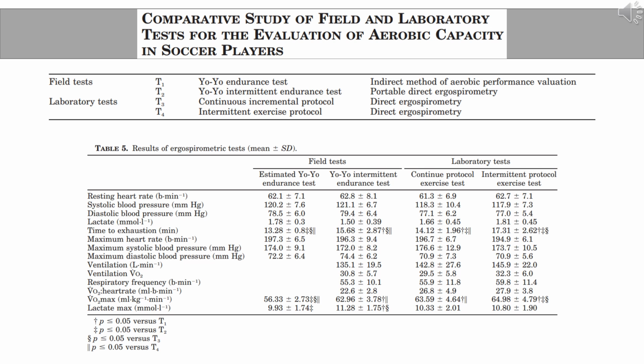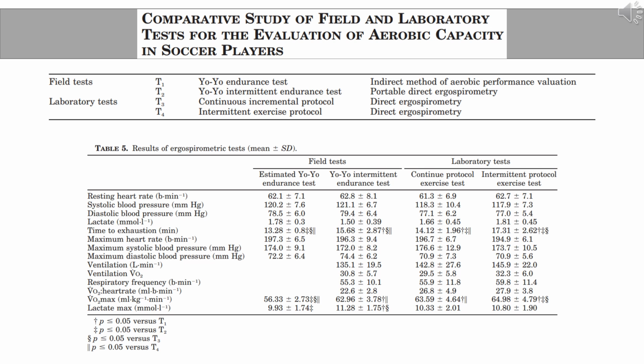And this study was conducted in soccer players, and of course we need to be mindful that our laboratory based method of assessing VO2 max on a treadmill, either through a continuous or intermittent protocol, is going to be considered our gold standard method. But I'm sure for those of you listening, you'll be very familiar with the various different forms of yo-yo endurance or intermittent based assessments, which serve as a relatively good field-based alternative for assessing aerobic capacity. And we're going to spend a few slides talking about why.